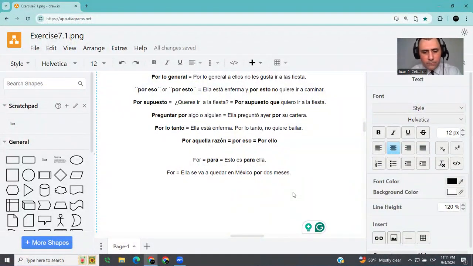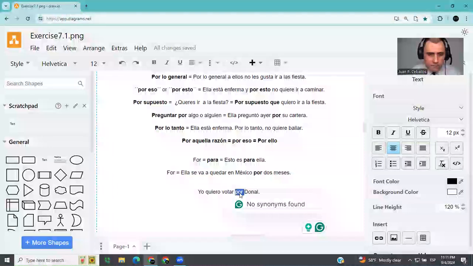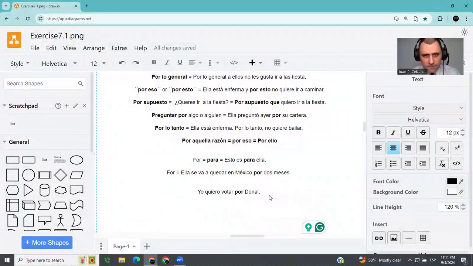Bueno, I don't like Donald Trump, but let's say Donald Trump. Okay. I want to vote for Donald Trump. Yo quiero votar por Donald Trump. Okay. So not very good with English names, but just to bring to your attention this. To vote for someone, in this case, you don't use para, you use por.